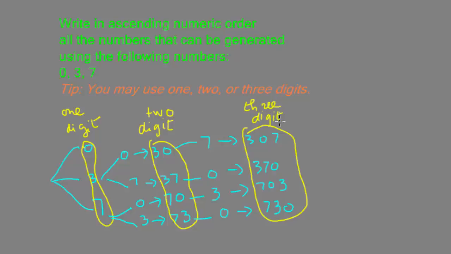Okay, so to summarize, we have the following numbers going from smallest to greatest. I'm going to write them down vertically.